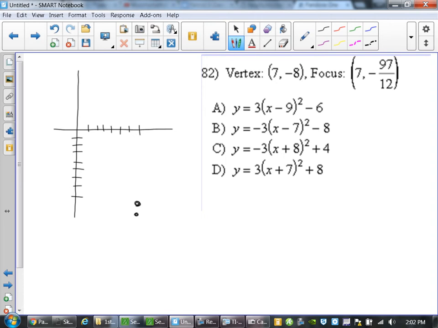What direction is this opening? Downward. So just by doing that, I know it's got to be one of these two, because they're negative. Now, thinking about my standard form of the equation for a parabola with an x squared portion, if you recall, it was x minus h quantity squared equals 4p times y minus k.